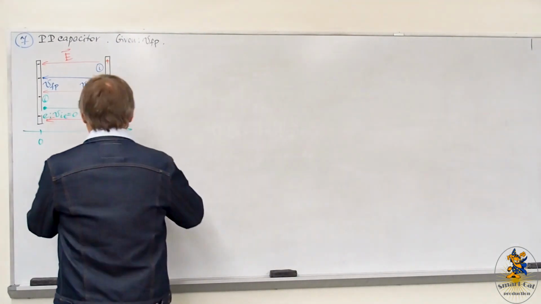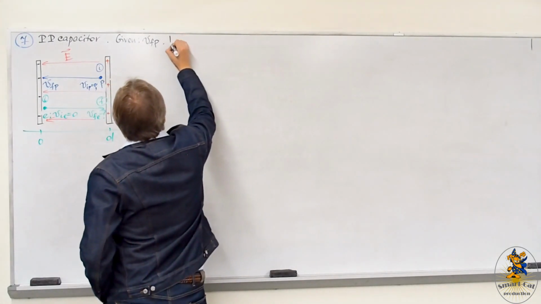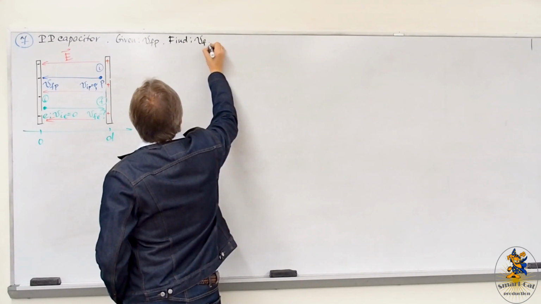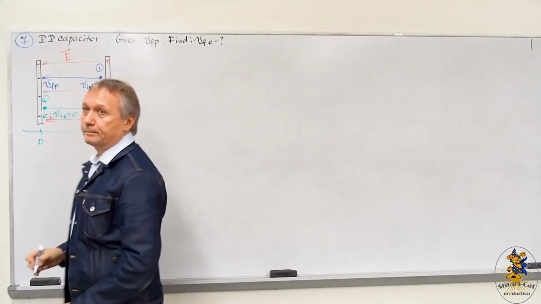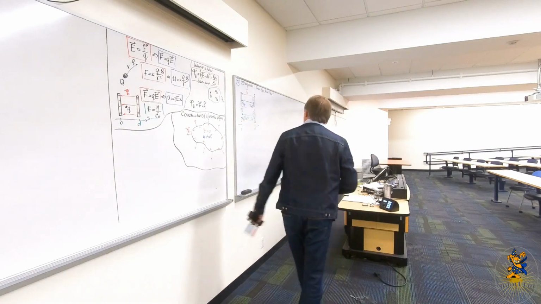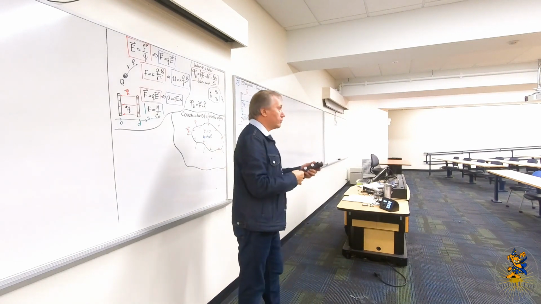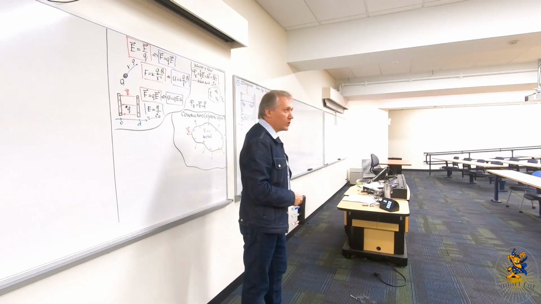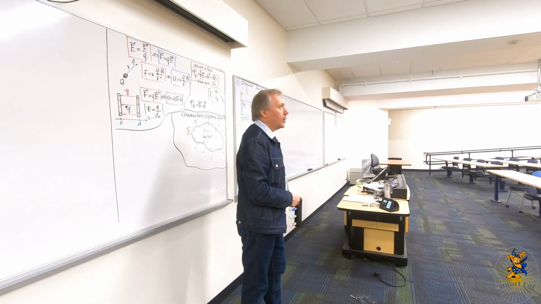And so let me write what we need to find. V final of the electron. And there are two approaches. The force approach, which we just discussed, can be used here, or energy.